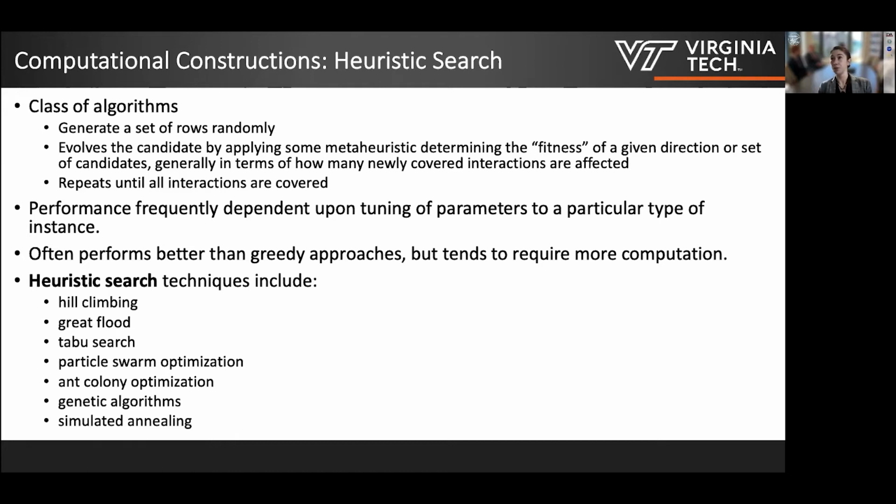In general, we do not go back and change that row, versus heuristic search allows us to change rows that we've already created. Some of these techniques include hill climbing, great flood, taboo search, particle swarm, ant colony, genetic algorithms, and simulated annealing. And so the meta heuristic there is, how are we going to decide to keep looking effectively?